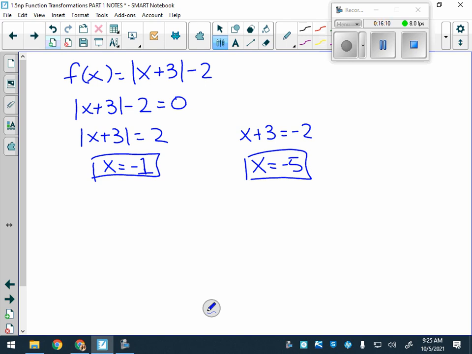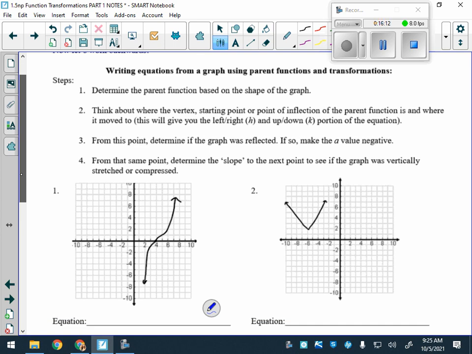If you turn to page 9 of your notes, we are continuing today and finishing this lesson. We are working backwards. You always have to distinguish what the parent function is.